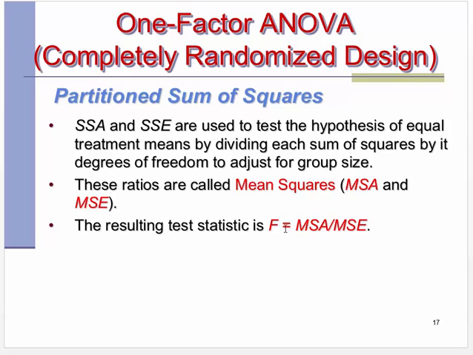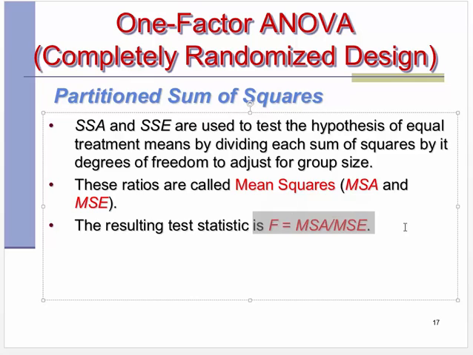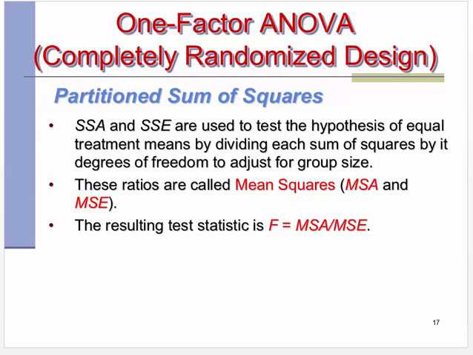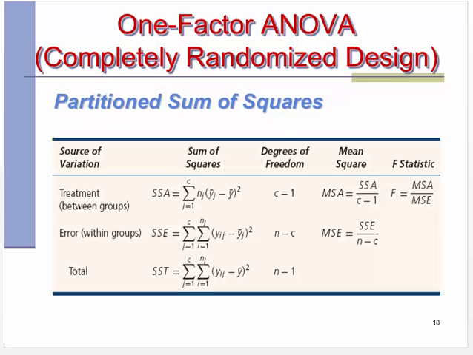And then the F statistic. As we know, ANOVA is the F test. The F test statistic in this case is MSA divided by MSE. That's how we calculate the test statistic for the F test of ANOVA. This gives you a good summary of the calculations for one-factor ANOVA.